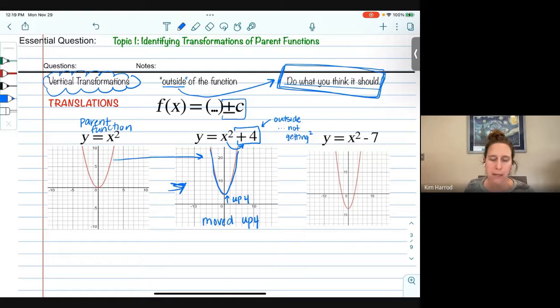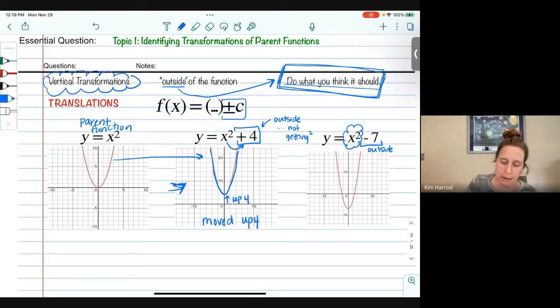When you see +4, plus translates in the direction of up. So that whole graph just shifted up. Likewise, over here with my third graph on the right, you see a similar thing, right? You see -7. This -7 is happening outside of the squared. It's not inside. It's not getting squared itself.